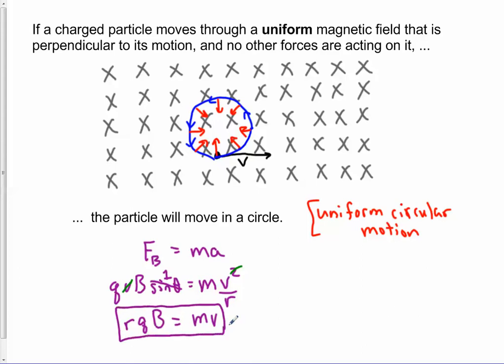And so this is a very nice relationship. Again, the assumptions going into this are that we're a charged particle moving in a uniform magnetic field. Then you have this nice relationship between how fast it's going, the strength of the magnetic field, and the radius of the circle that it will trace out. And of course the charge and mass of the object matter too.